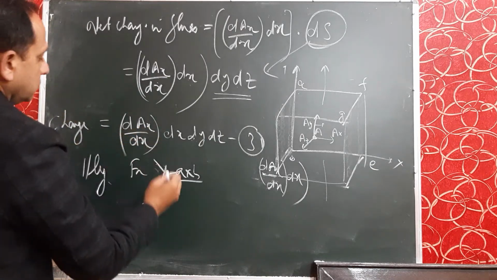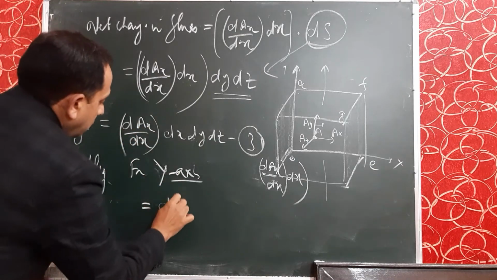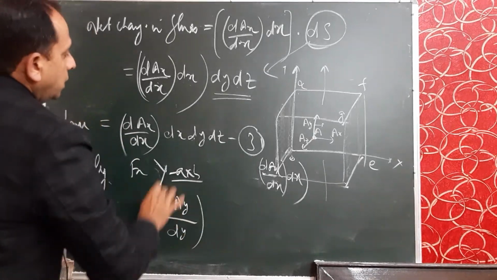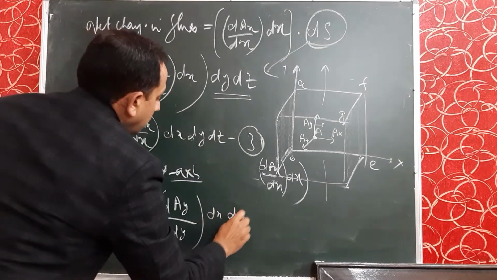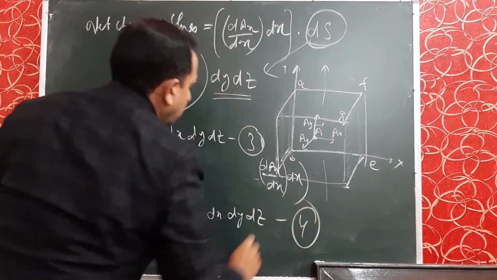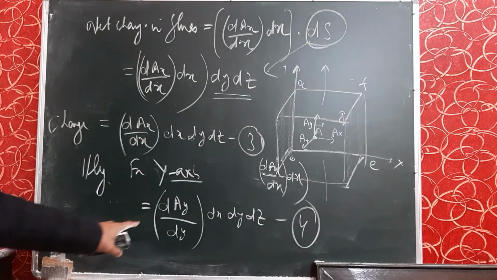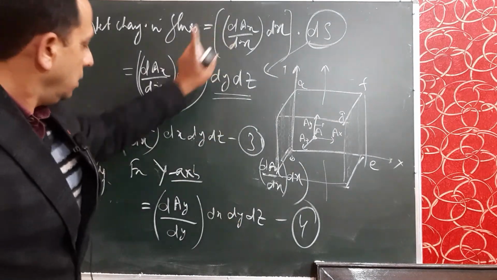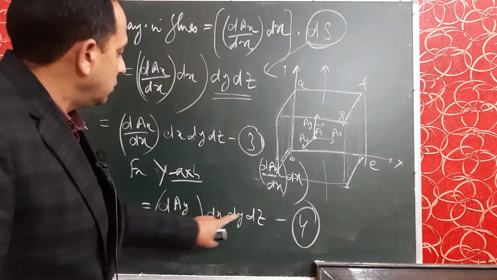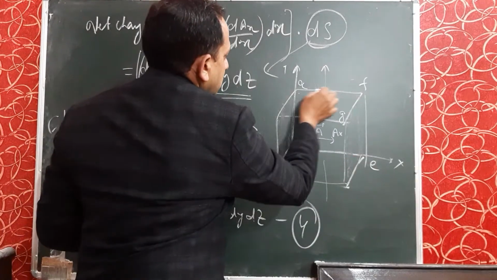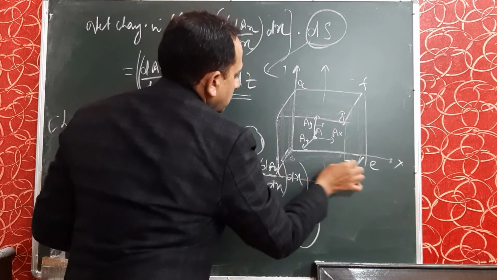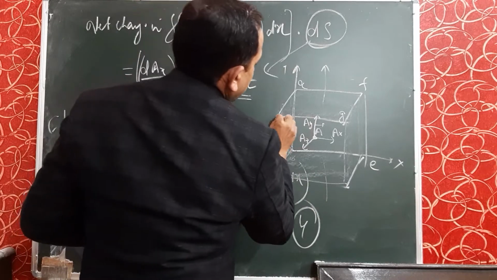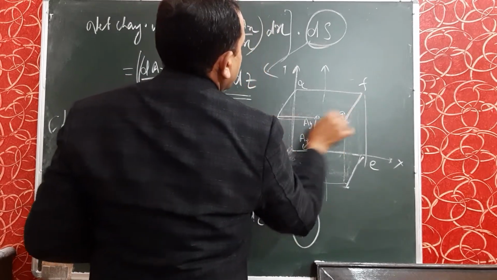Change in flux along y-axis, on the same lines, is dAy upon dy into dx dy dz, because in this case dAy upon dy and into dy is the first term, and the area becomes dx into dz, because in both cases the area vector consists of x-axis and z-axis, x and z.